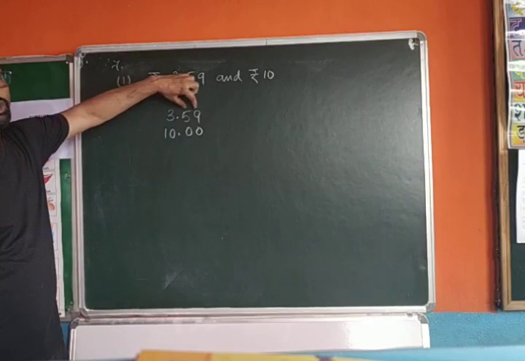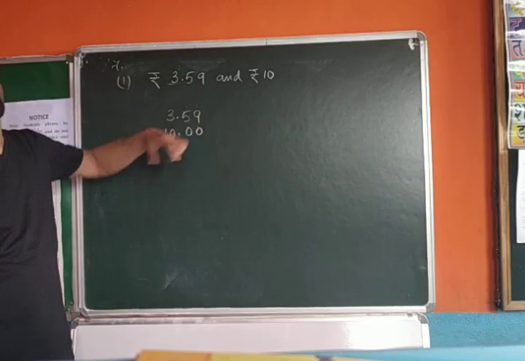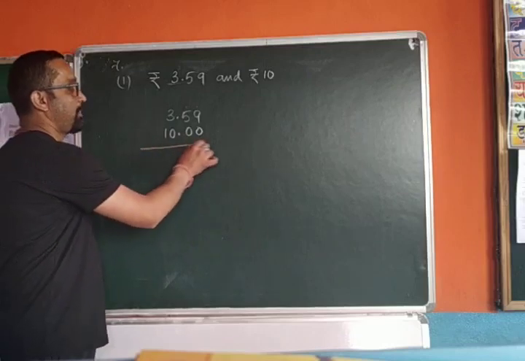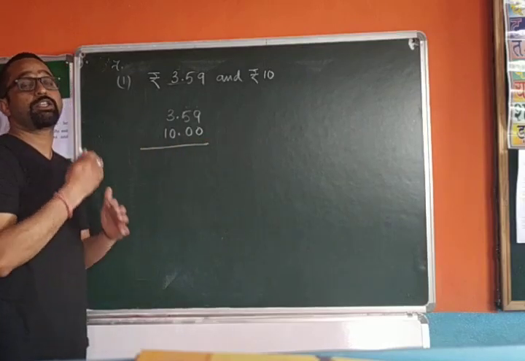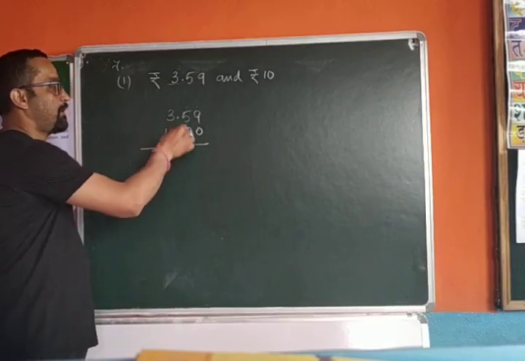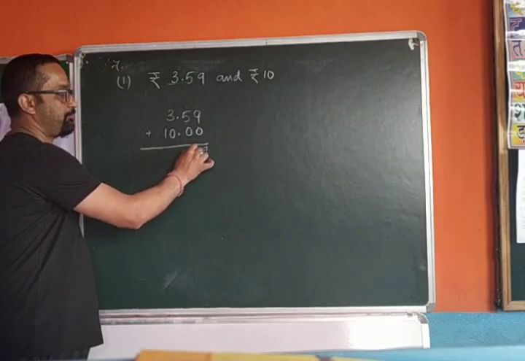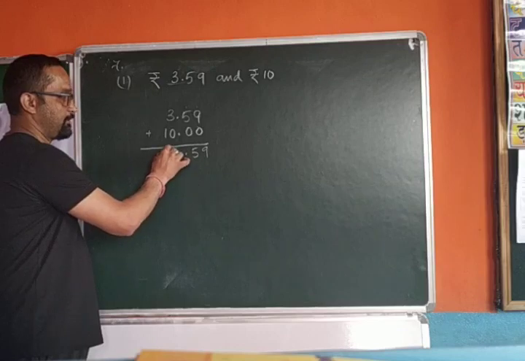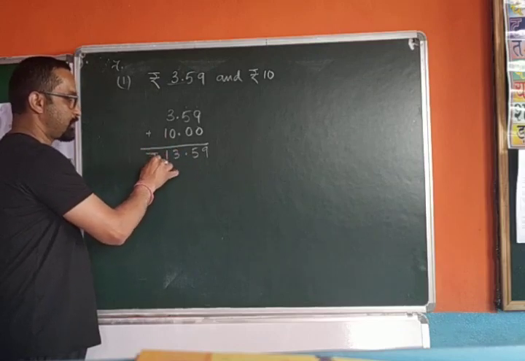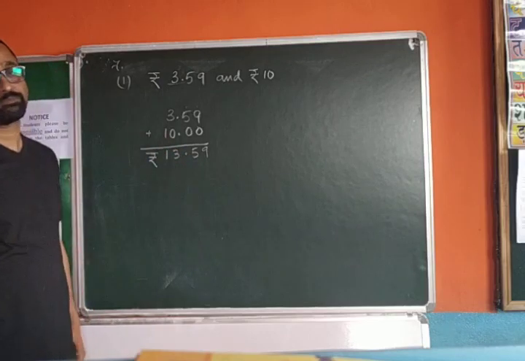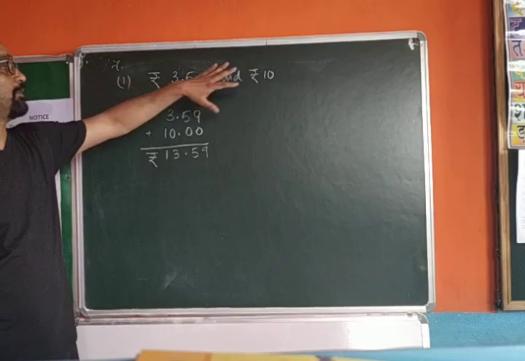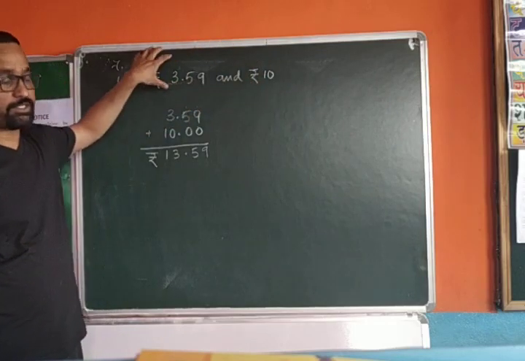If it has 2 decimal places, then 2 zeros. If it has 3 decimal places, then you have to put 3 zeros. Now add it up. It is 9, 5, 3, 1. The answer you write in rupees. This is addition of similar units.